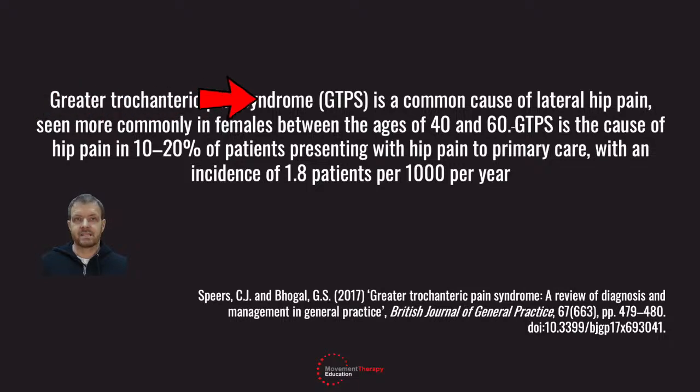So greater trochanteric pain syndrome, or GTPS, is a common cause of lateral hip pain, seen more commonly in females between the ages of 40 and 60. And again, there's often hormonal changes during that age period that make women more susceptible to these particular tendinopathies or lateral hip pain.